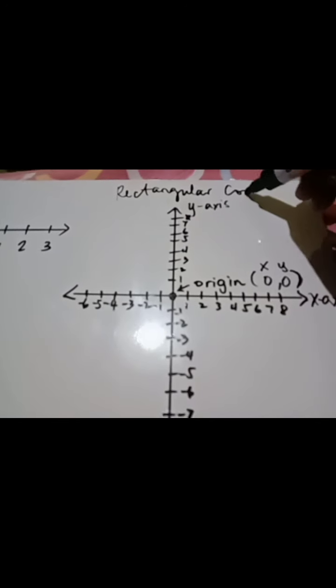From a number line, now we have two dimensions. So we have now the number plane. This number plane is called the rectangular coordinate system.